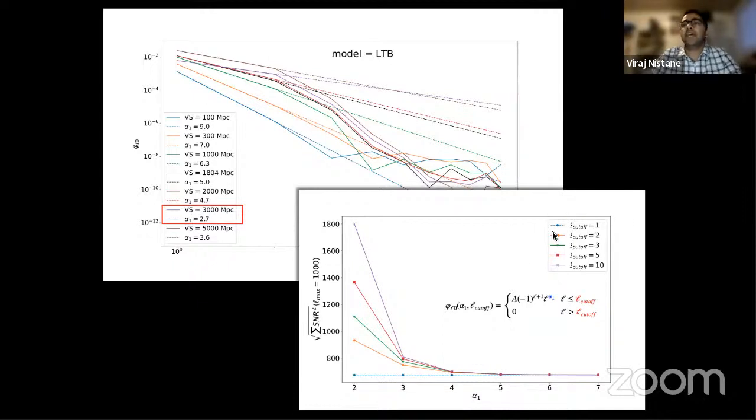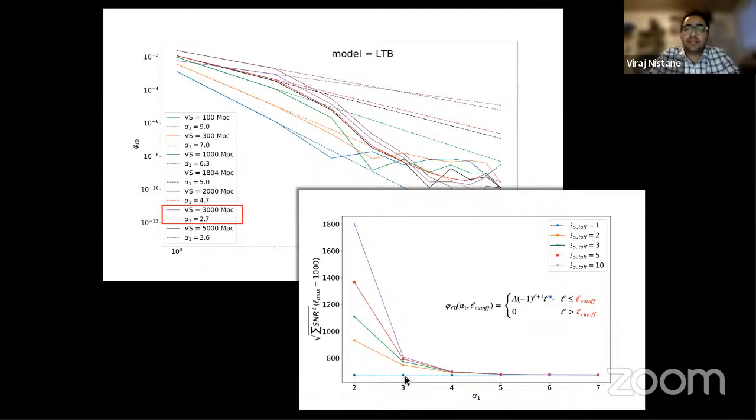Let's begin with L cutoff of 1. That is, we use only the dipole amplitude in the lensing potential to calculate the signal to noise. In this case, you can see from this formula that we have L equal to 1 to the power alpha 1, so the dependence on alpha 1 goes away. For the rest of the multipoles, we have set the lensing potential to 0 manually.